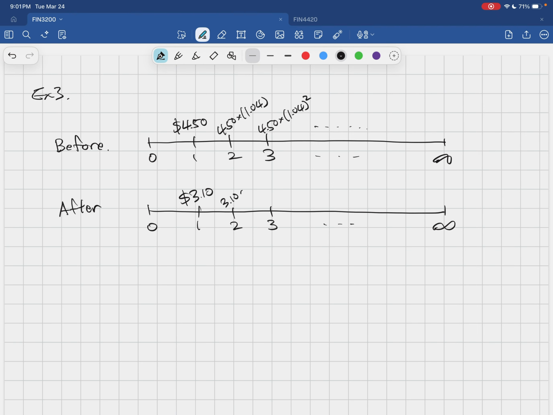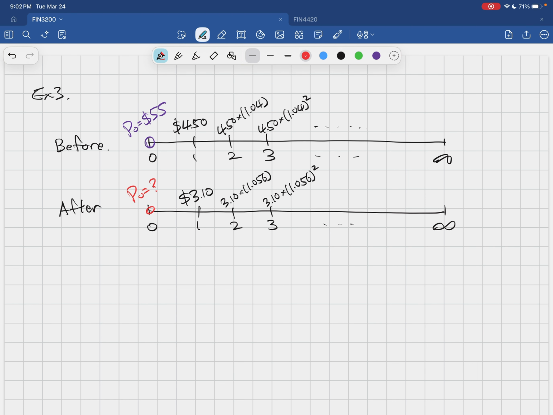So 3.1 times 1.056, 3.1 times 1.056 squared. And it also says the share price before the announcement was $55. And we're trying to solve for the share price after the announcement. So what is the share price after the announcement?